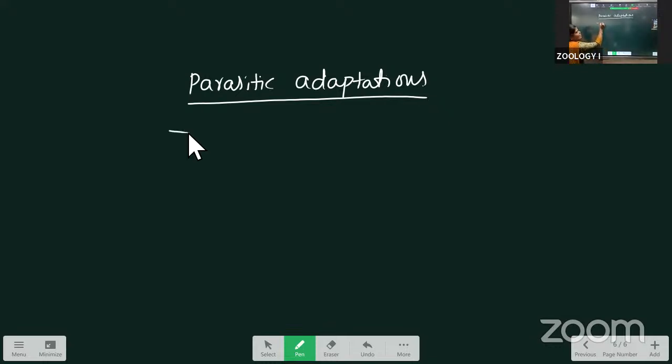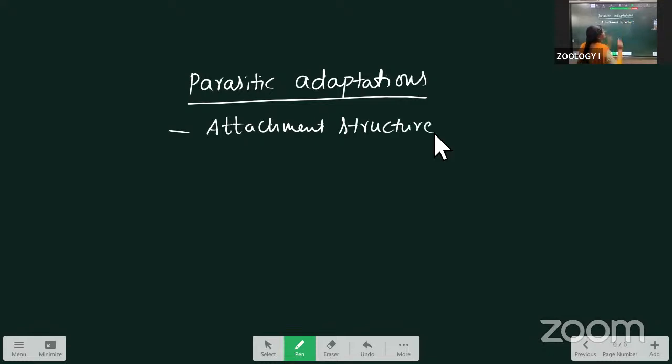First, they form attachment structures for attaching to the host. For example, mostly parasites are present in the gut. Gut means the stomach or intestine, where they are present along with the undigested food and could be eliminated.